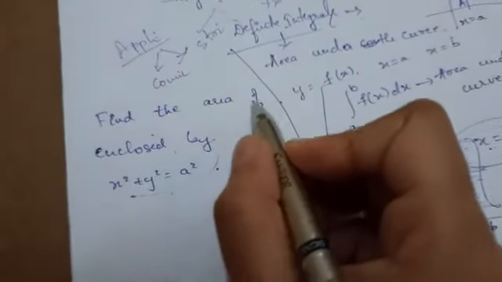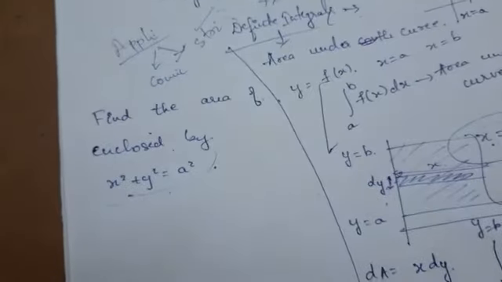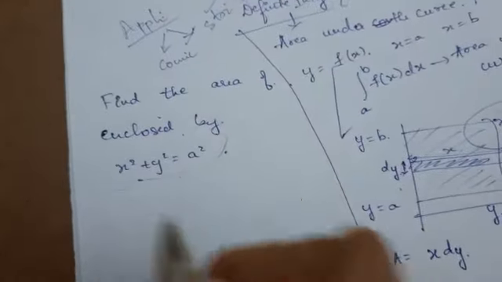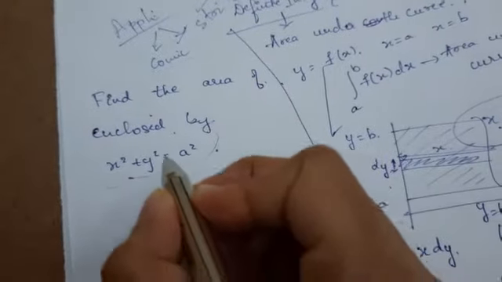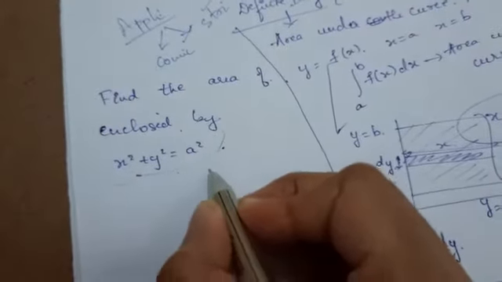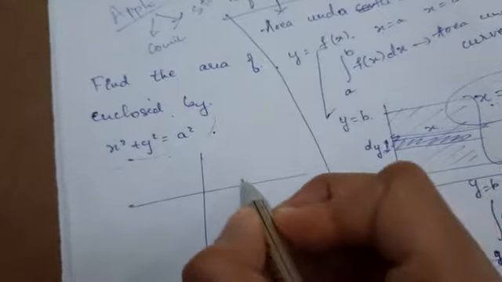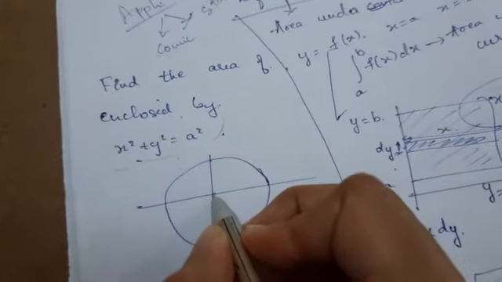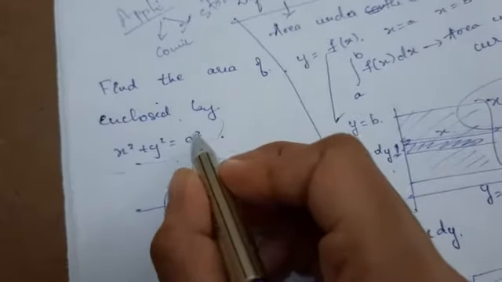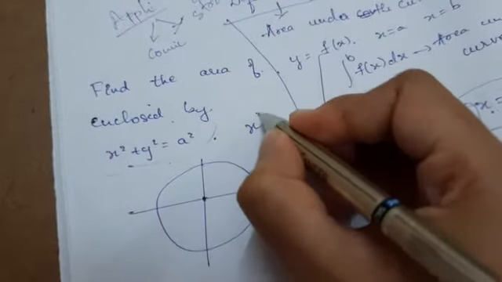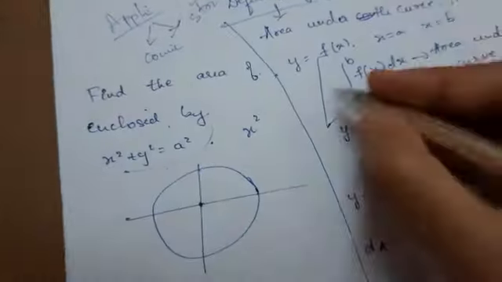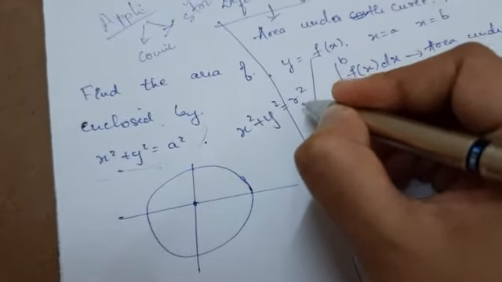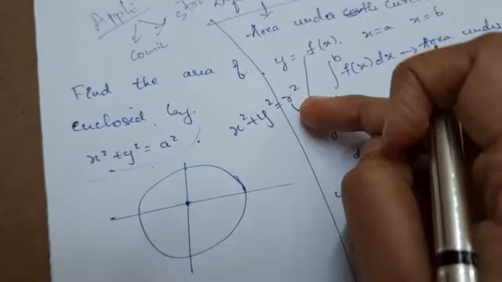So here they are asking us to find the area enclosed by the curve x square plus y square is equal to a square. Clearly, by looking at this equation, we will know that it is the equation of a circle whose center is at the origin and the radius is equal to a, because the equation of a circle at the origin is x square plus y square is equal to r square, where r is the radius of that circle.